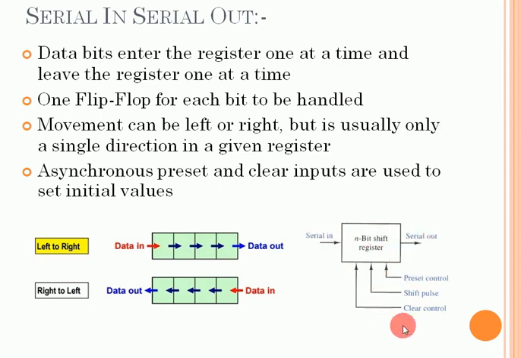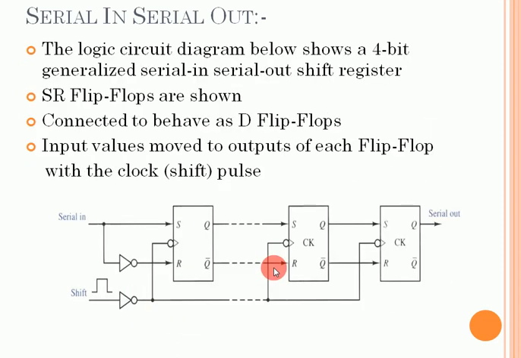These signals are used to preset, meaning the initial values are set in the register, and clear is used to clear the shift register. If we don't want anything to be stored, we will give a signal on the clear, and that shift register will be completely empty.